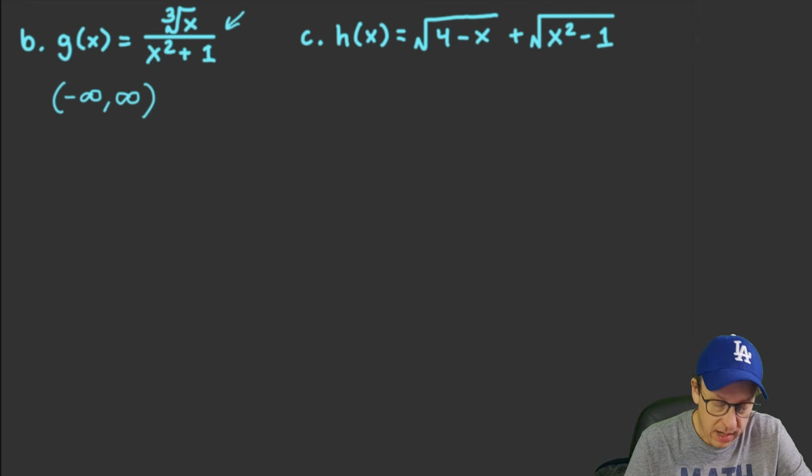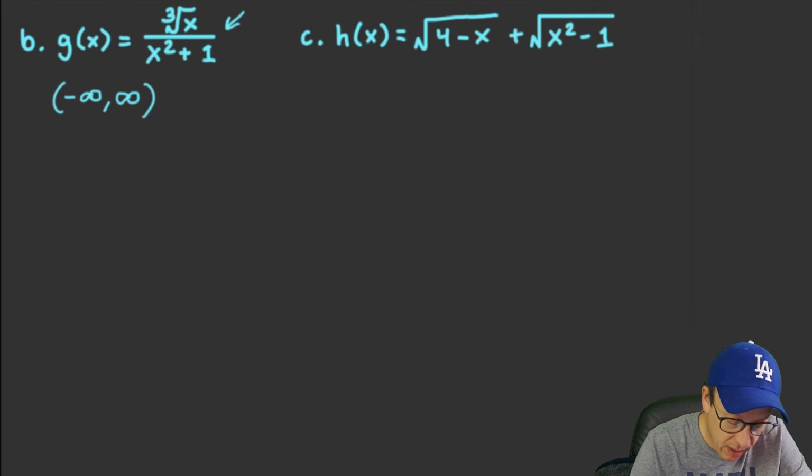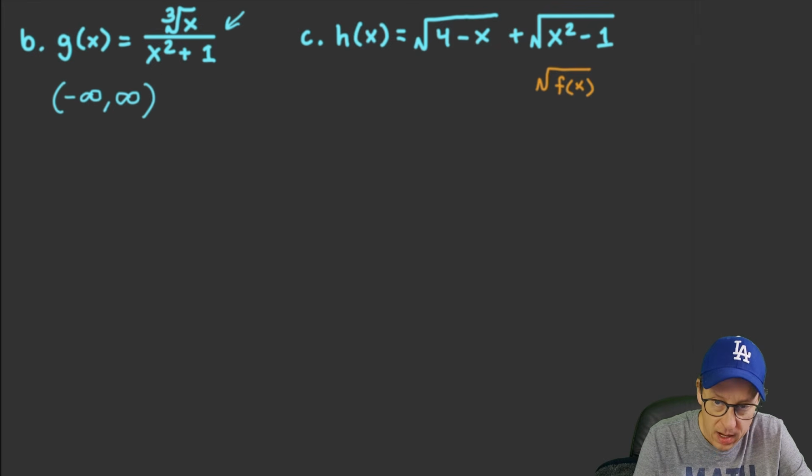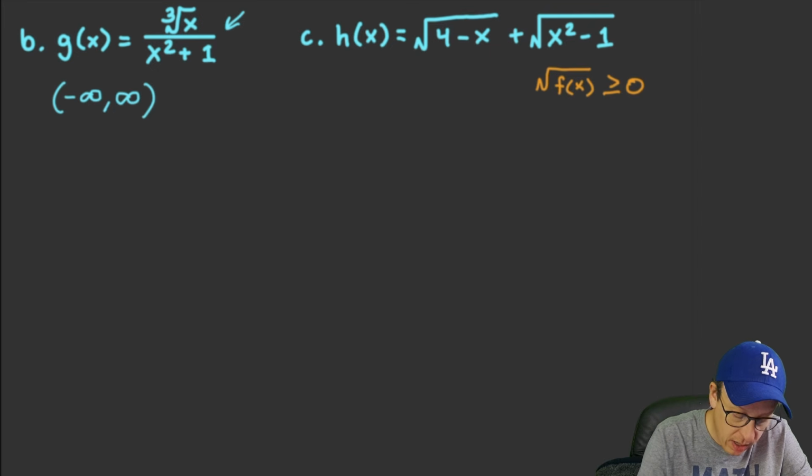All right. Now to solve this problem, here's another rule that we need to be aware of: if you have the square root of some function of x, then what's under the root is going to be greater than or equal to 0 under all circumstances. So what we can do here is subtract 4 from both sides.